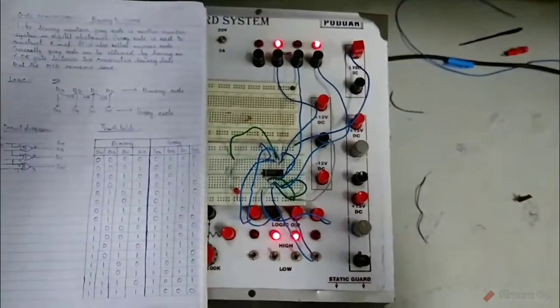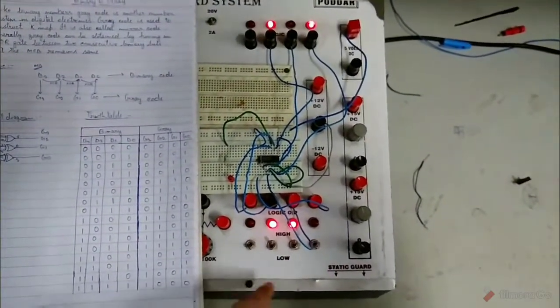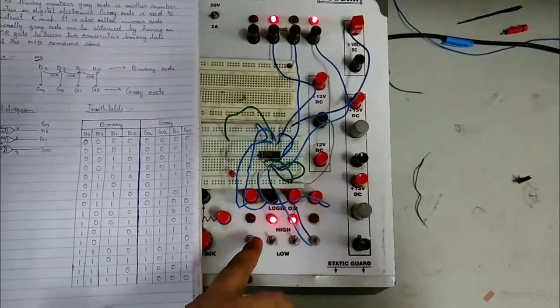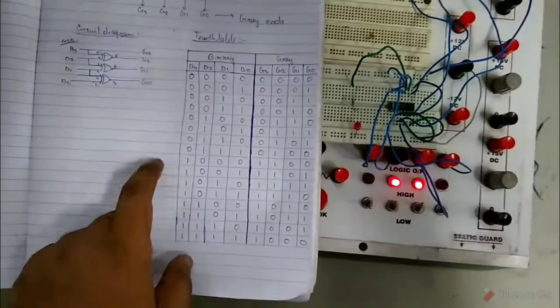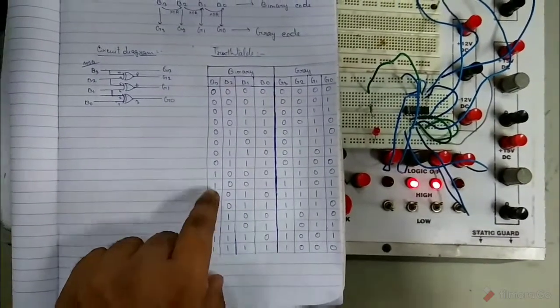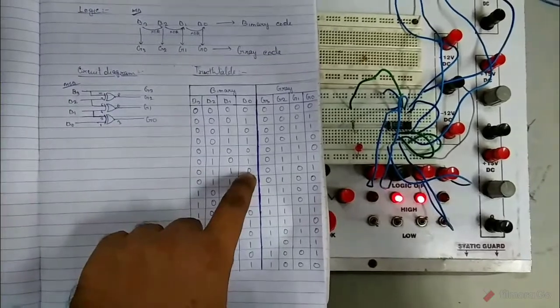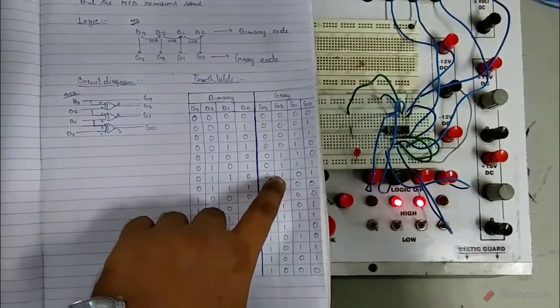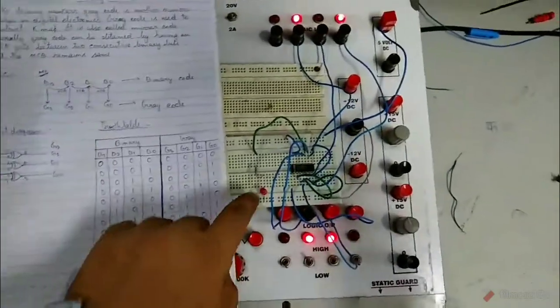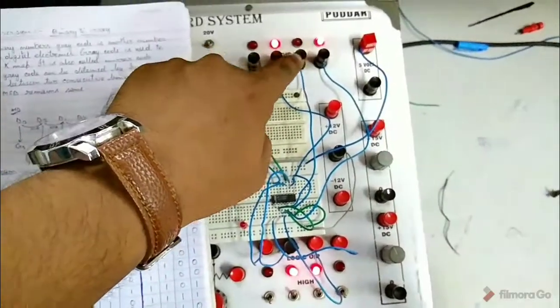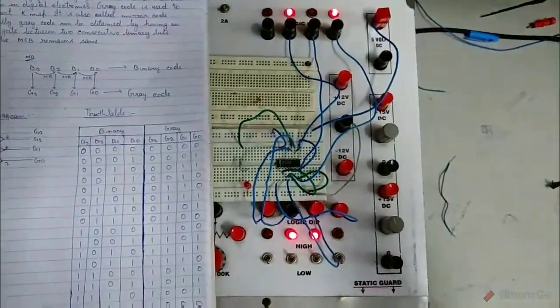Suppose I am checking this number 0110. Gray code is 0101. This is right.